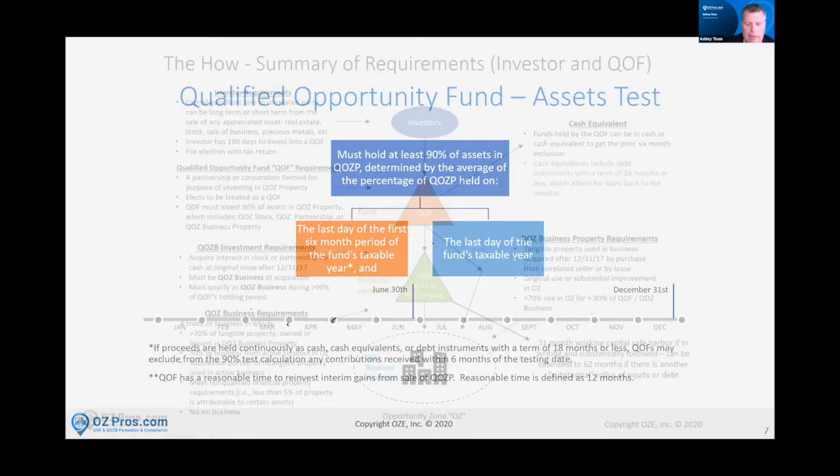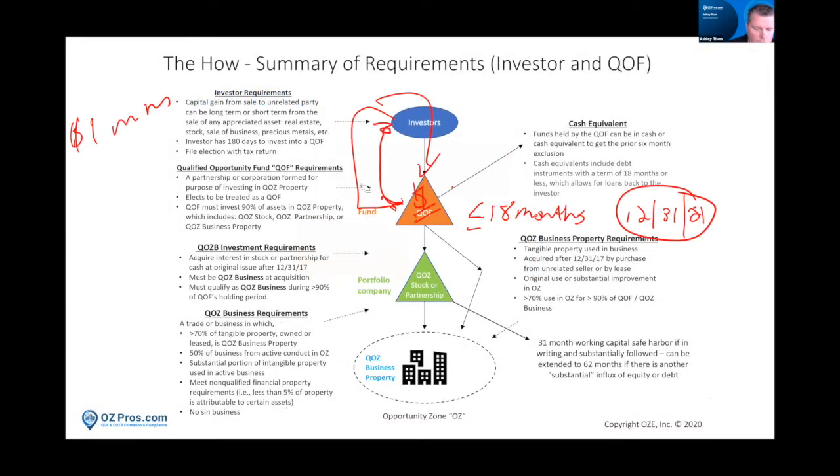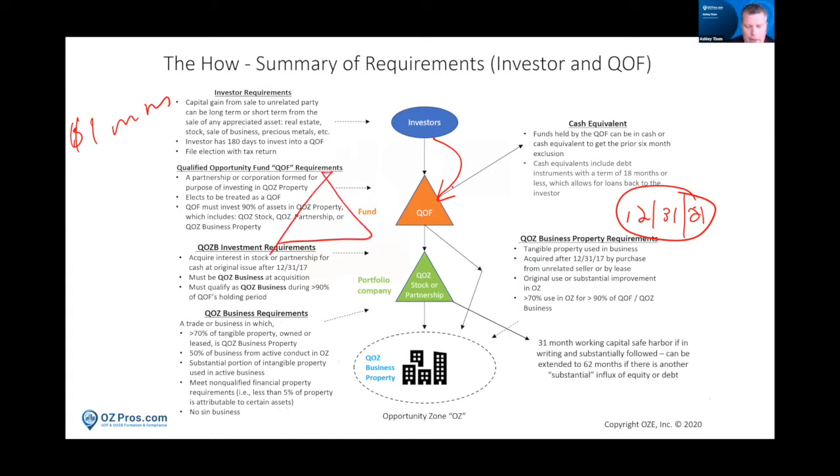That would look like this: you've got your QOF set up, and you put your money into it, and you really, really want to go into Urban Catalyst. And Urban Catalyst is not set up to take an investment directly into one of their QOZBs. I'm not sure if they've got multiple QOZBs or only one, but they say, listen, we would love to take your money, but we can't do it directly into the QOZB.